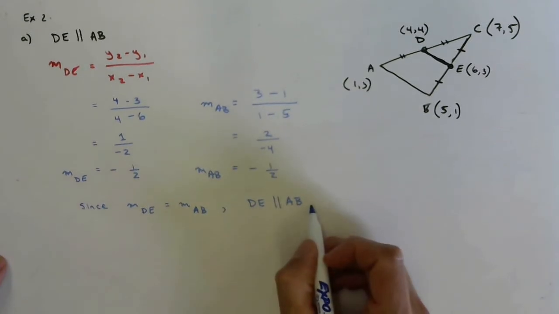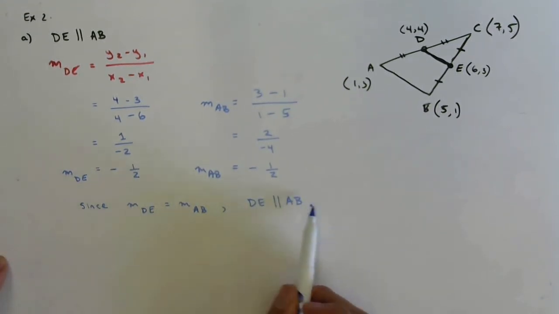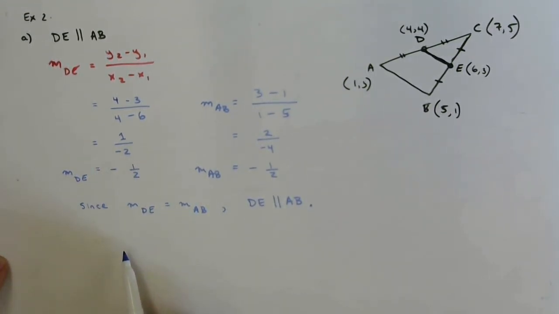Learn that math terminology, learn those symbols and that way of writing things. You should be able to read this sentence and know exactly what it's saying. If lines are parallel, their slope will be the same. So, if the slope is the same, lines are parallel. Since the slope of DE equals the slope of AB, DE must be parallel to AB.